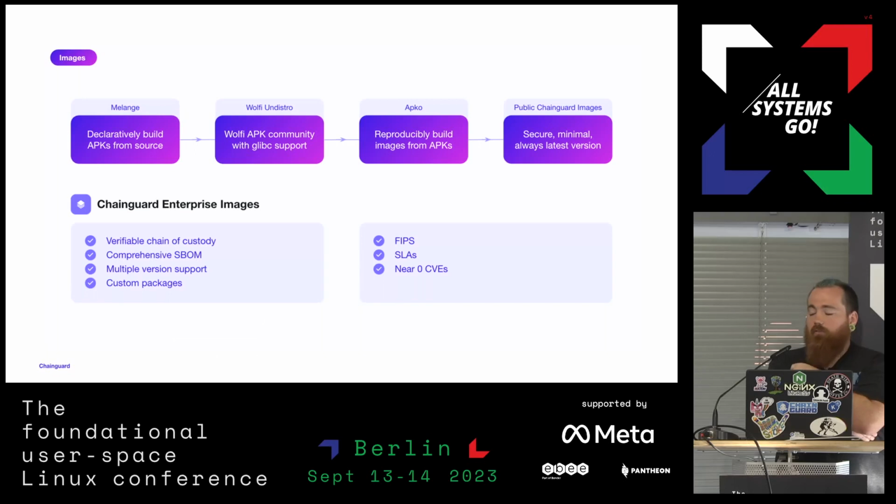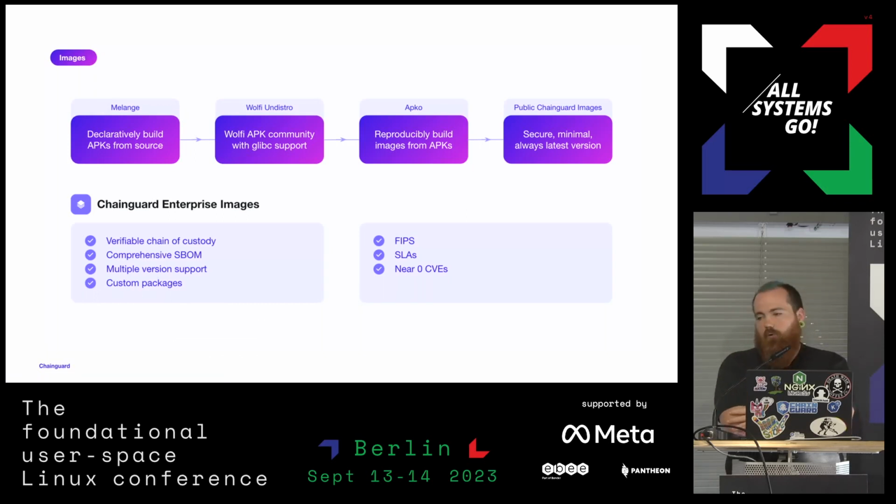So this just wraps up how everything is created and worked through. Obviously, all of this up here at the top is open source. So Melange, APKO, we have a community we're building around all of this, and then we have the public images that are available. So that nginx package, RabbitMQ, things like that, all of those are available for use. And then of course, being a company, you can pay Chainguard for support with enterprise images.